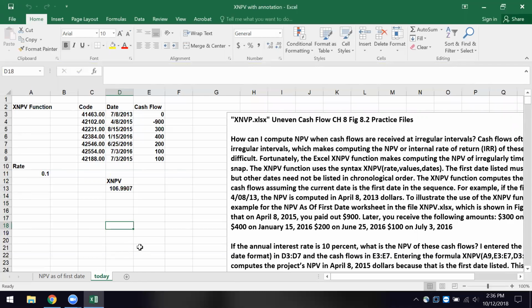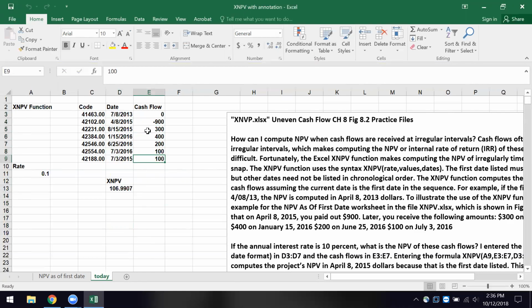This uses it from today's date, whatever that is. And you'll see we have a date, we have a cash flow of 0. Then on the 8th of April in 2015, we have a cash outflow of 900, and then we begin to get a series of cash inflows.